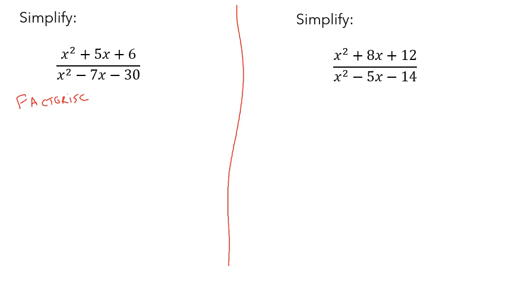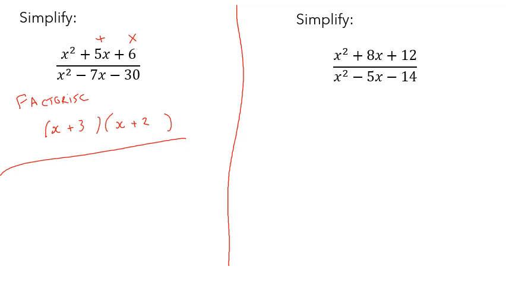So when I factorise my numerator, I'm looking for 2 numbers that multiply to make 6 and that add to make 5. So those numbers are going to be 3 and 2. So I write x plus 3, x plus 2. And then I factorise my denominator.